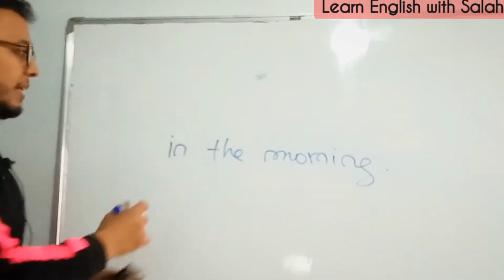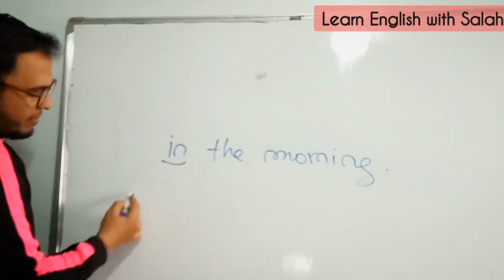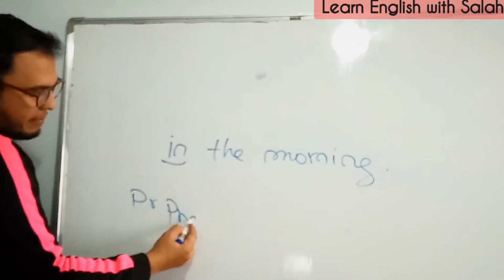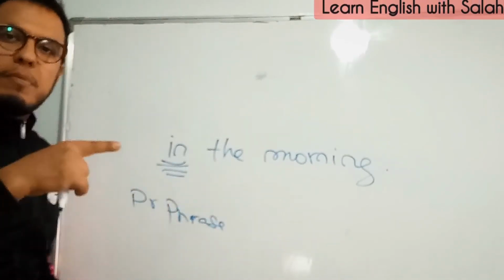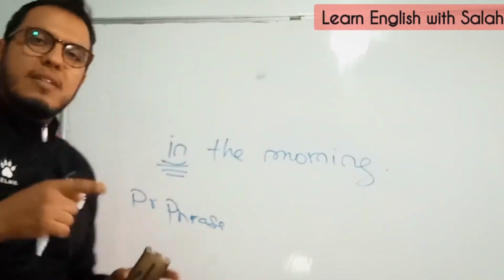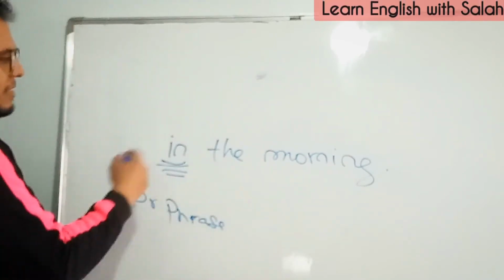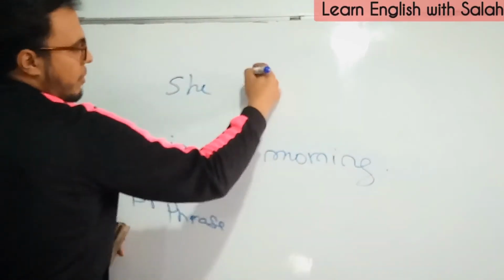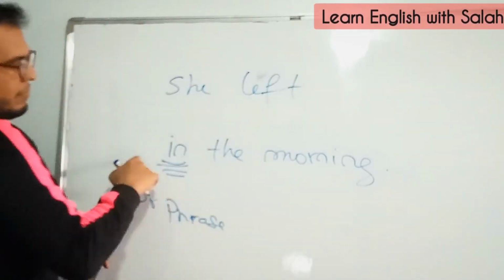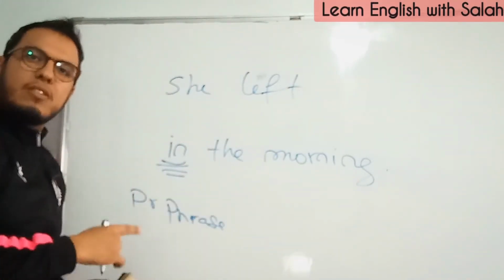And this one is called a prepositional phrase because it starts with a preposition. If I want to make it a clause, I need to add some other words. Let's say for example, she left in the morning.